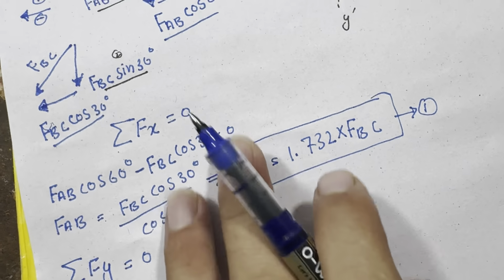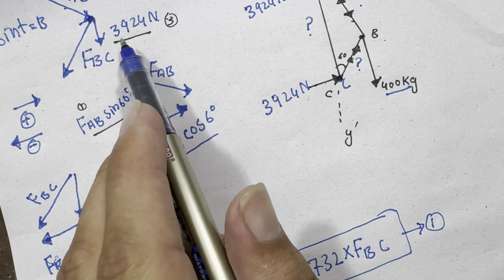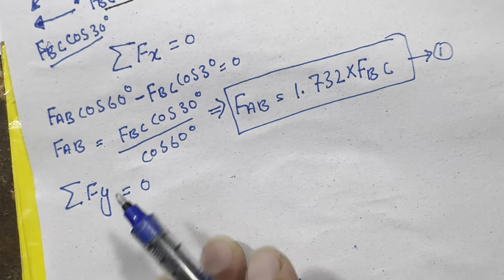This vertical force is 3924, which is directed downward.